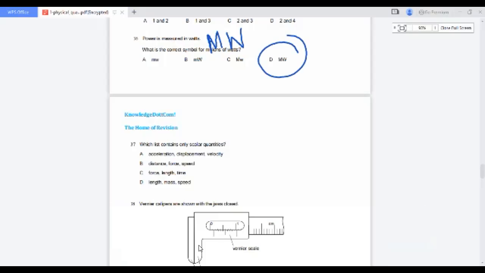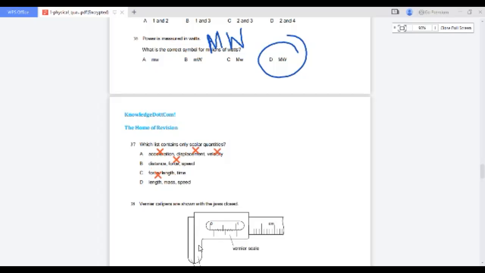Which list contains only scalar quantities? So let's see. Acceleration is not a scalar quantity, displacement is not a scalar quantity, velocity is not a scalar quantity, distance is a scalar quantity, force is not a scalar quantity, speed is a scalar quantity, length is a scalar quantity, time is a scalar quantity.